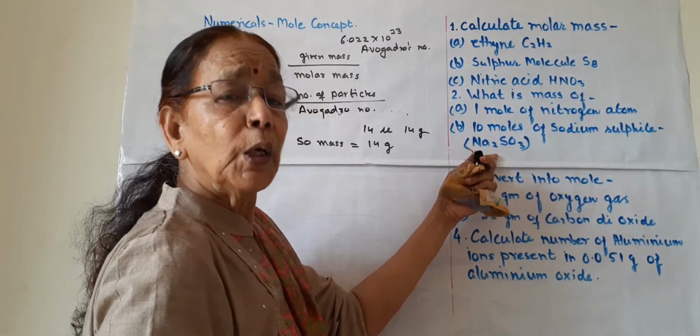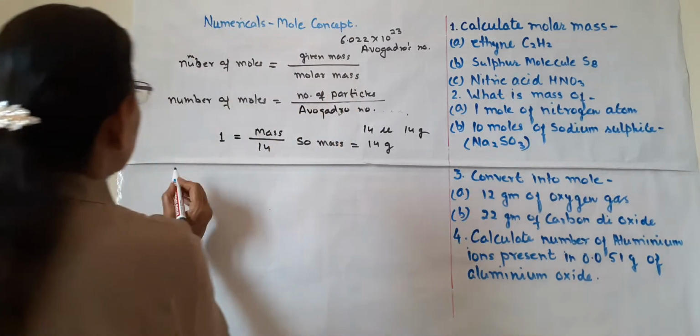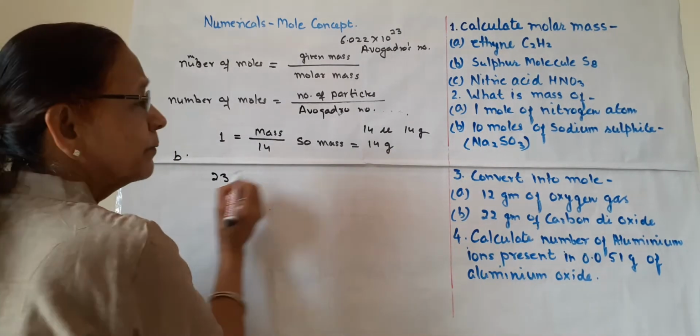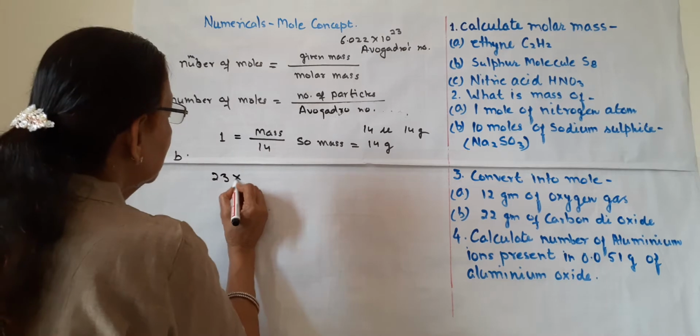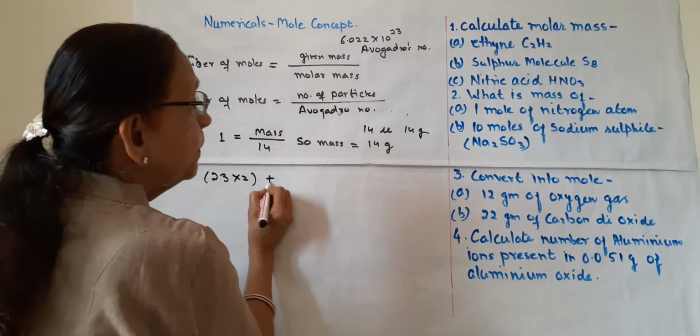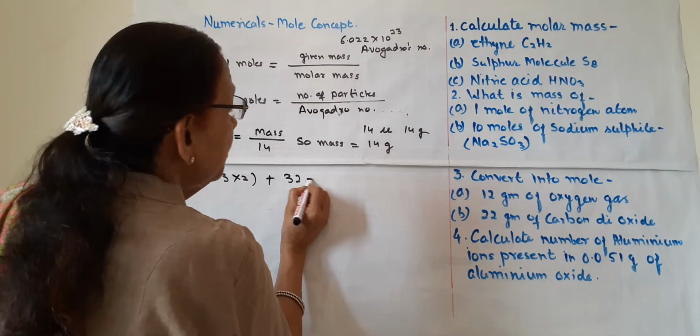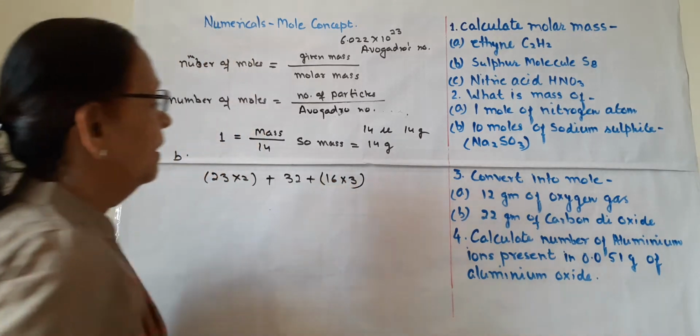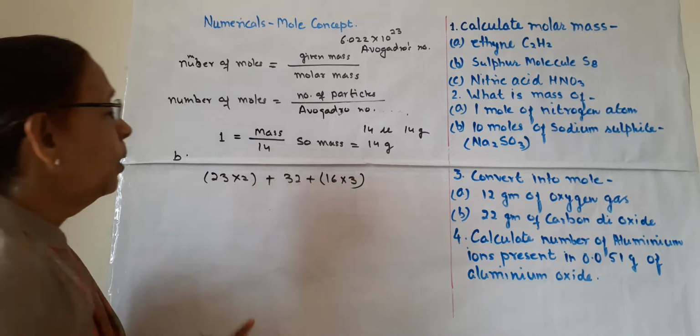So we should know the molecular mass of sodium sulfide. So how will we calculate? Sodium 23 is the atomic mass into 2 plus S is 32 plus 16 oxygen into 3. So this will be the molecular mass.